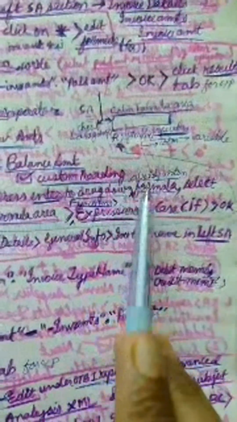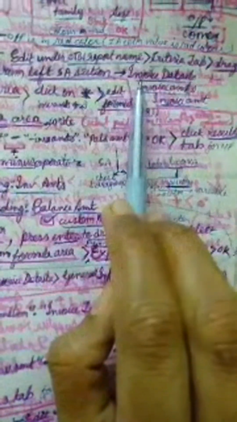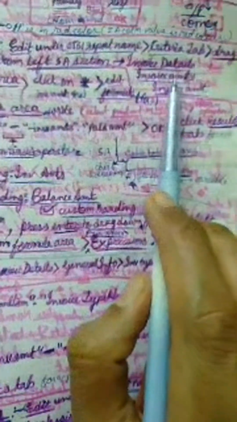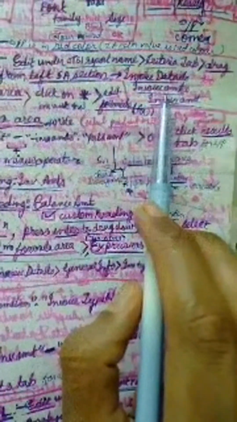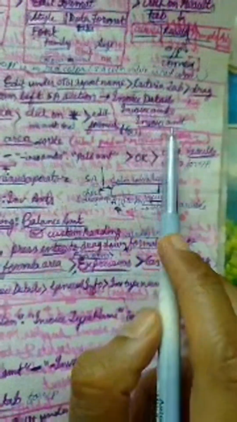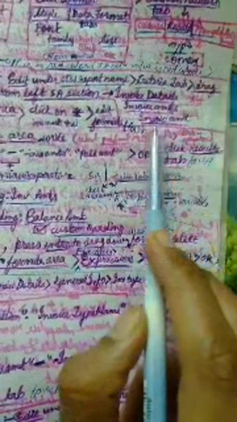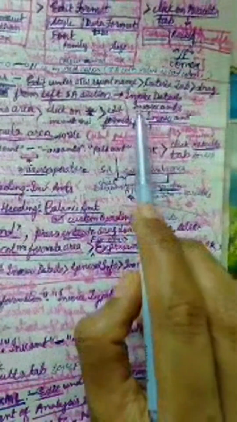Invoice details is a table; inside this dimension we have different attributes, and different measures and facts. Invoice amounts is a measure. There are multiple column measures like invoice amount, paid amount, and different types of amounts. So we will select invoice amount from the invoice details.